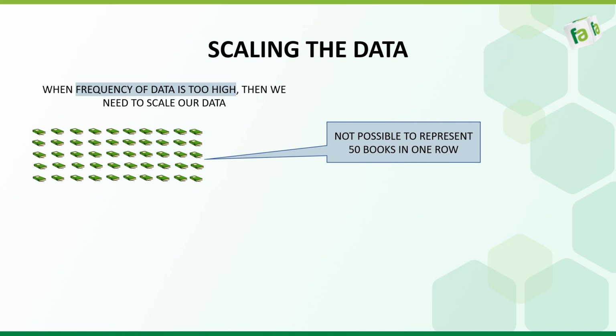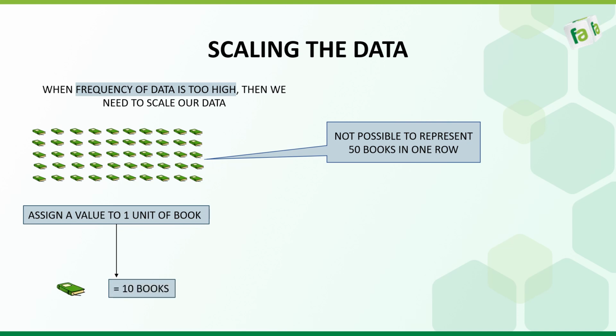So, instead of drawing 50 books, we can assign a value of 10 to the books, which simply means that each symbol of a book will represent 10 books. So, in that way, we will only have to draw 5 books. Therefore, 50 books can be represented as 5 units of books.